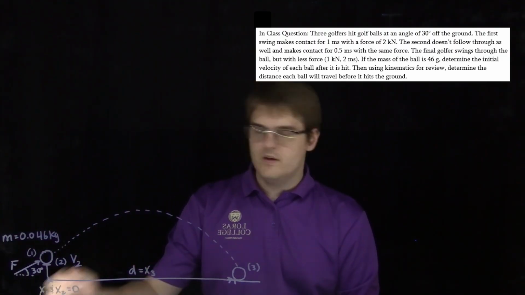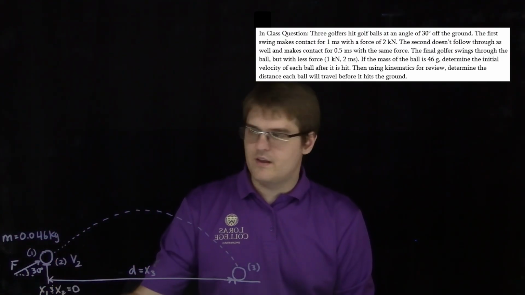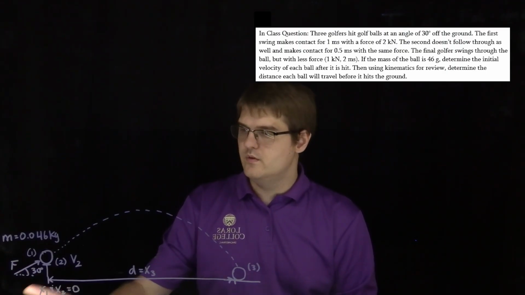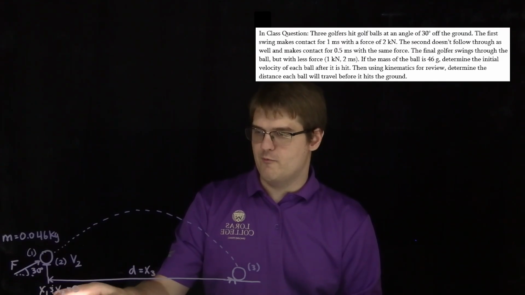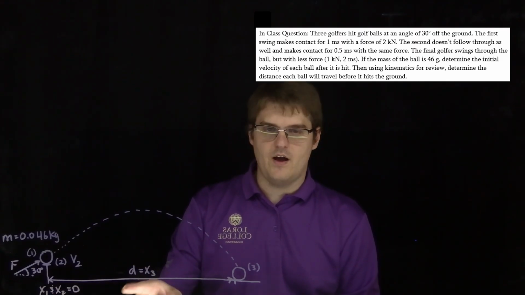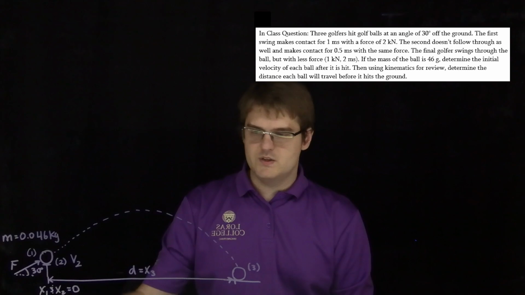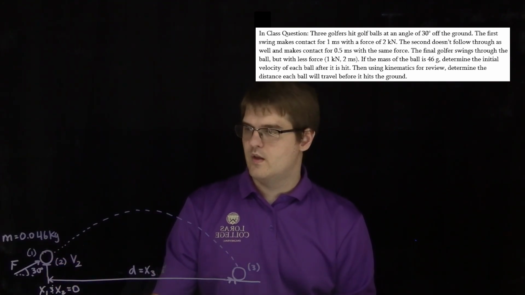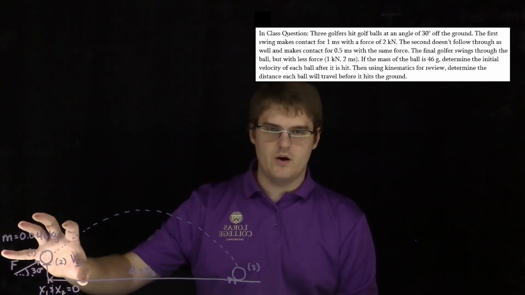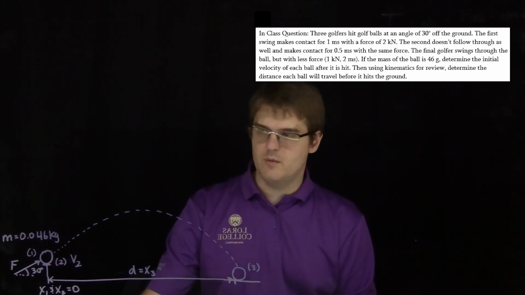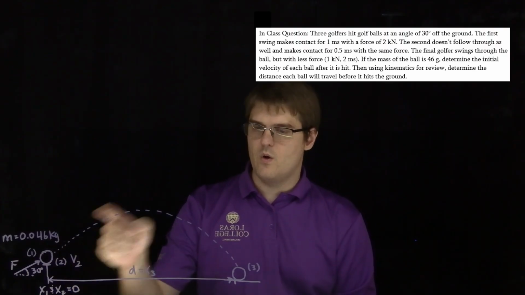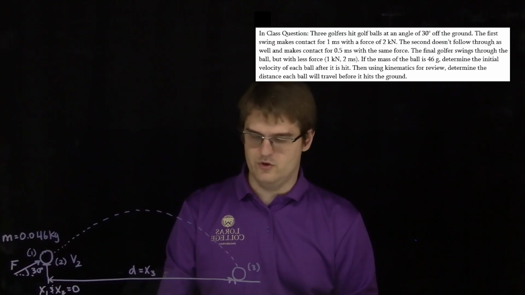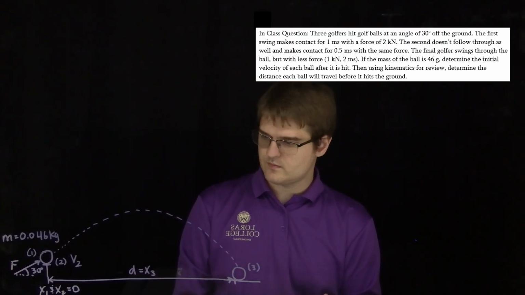Technically it's moving as we're applying that force, but these times are small enough that we're going to assume that it's negligible. So we're going to ignore that movement during the impulse. So our initial position for both of these is 0, and it's going to fly and hit the ground somewhere. The first part of this, in this chunk, is about our impulse, going from 1 to 2, and then going from 2 to 3, we're just getting back to projectile motion, and I'll prove that to you in a second.